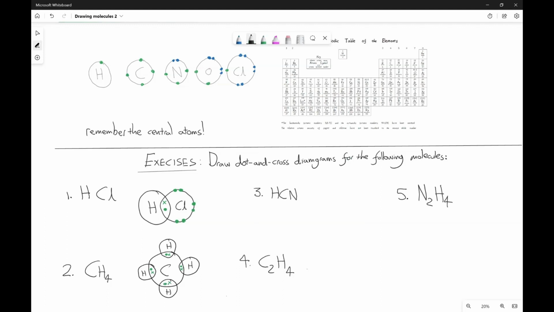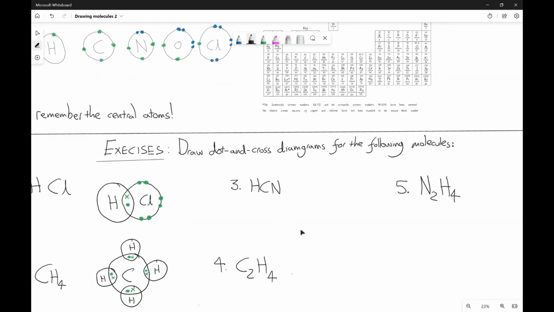HCN now, hydrogen cyanide. Now, carbon is the central atom, and it forms a single bond with a hydrogen, and the nitrogen is there. So let's draw the single bond, and the nitrogen, it needs 3 electrons from the carbon, which it provides. And do not forget at the end to include the lone pair on the nitrogen, like so.